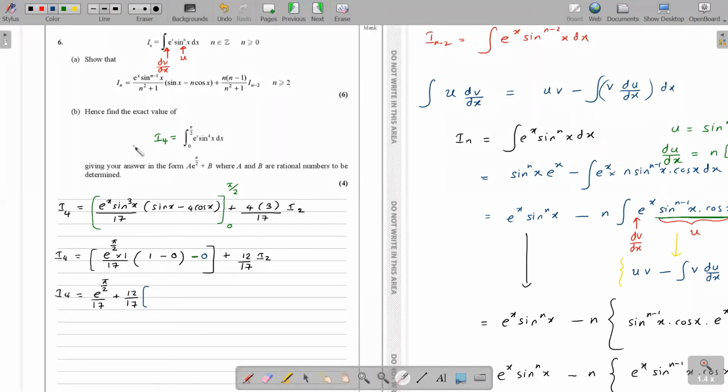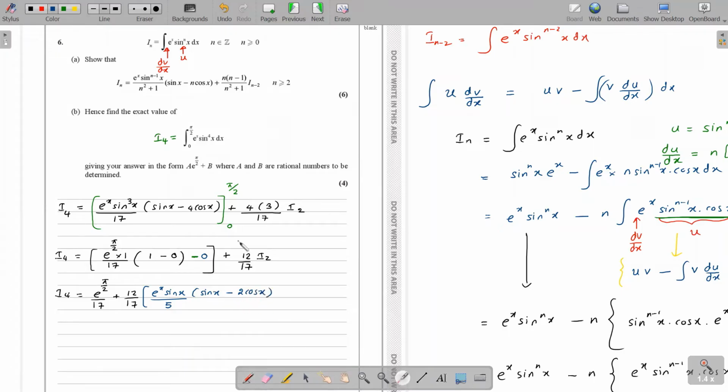So again, go to the In equation and replace n with 2. So what happens here? e^x sin to the power 2 minus 1 is sin^1 x, over 2 squared plus 1. That is 2 squared is 4, 4 plus 1 is 5. Bracket sin x minus n, which is 2, minus 2 cos x. Are you with me?